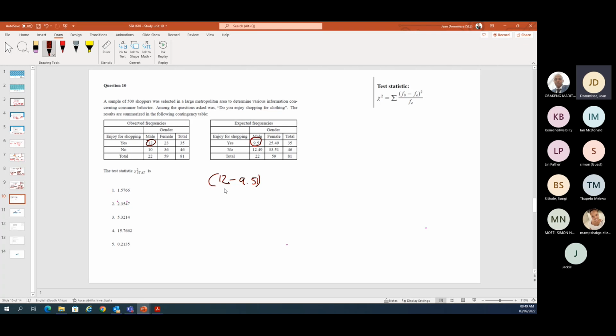and it's very similar to when we needed to work out standard deviation and variation, and those things, and then you divide it by the expected.